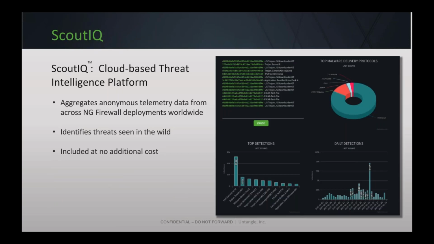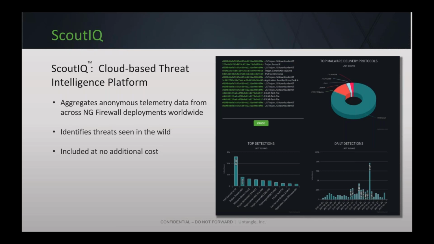Let's talk about Scout IQ for just a second, since I mentioned it. Scout IQ is our cloud-based threat intelligence platform. So it's included at no extra cost with our virus blocker apps. And with Scout IQ, Untangle Labs is actually providing aggregated statistics on a lot of different dimensions associated with malware distribution. So this includes geo distribution with source and origin information, different transmission protocols, historical incidents, and a lot more.